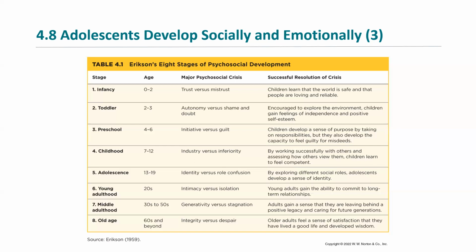What's going to be left after I'm gone? And you see a lot of people in middle adulthood do things to promote generativity, like contribute to building a new school or a community center, or maybe it's just the raising of their children.